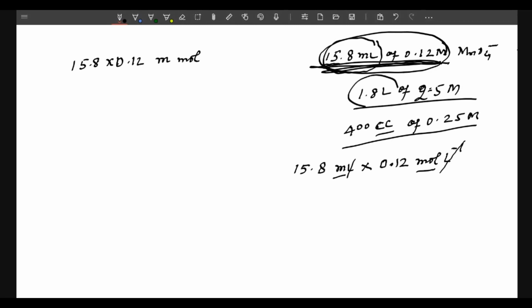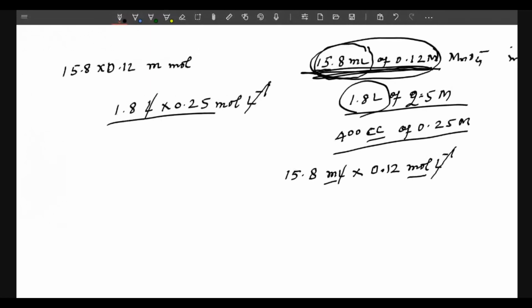Suppose it is given in liters. If you put this 1.8 liter into 0.25 molar, let us assume molar is converted into mole per liter. Now this per liter and liter cancel. Now the result is directly moles only.